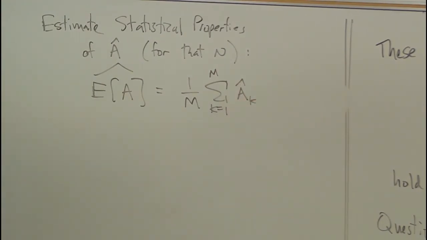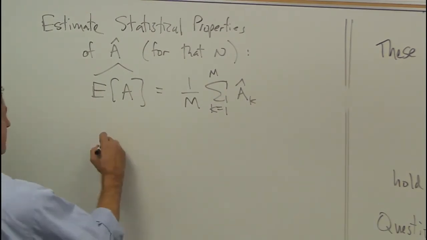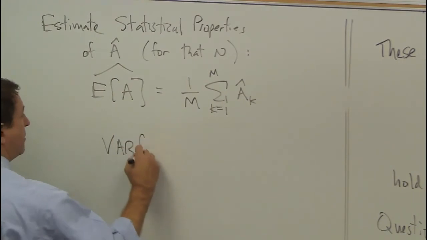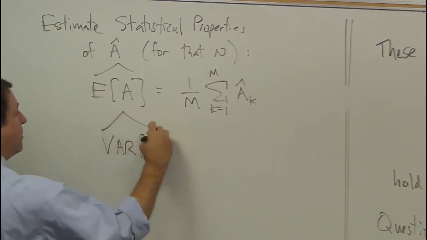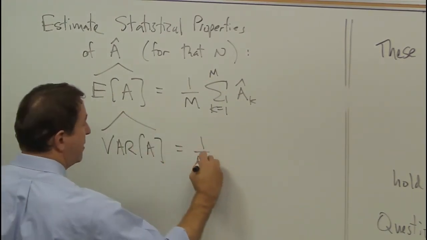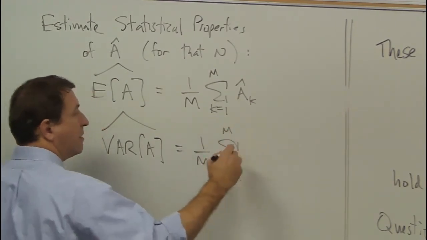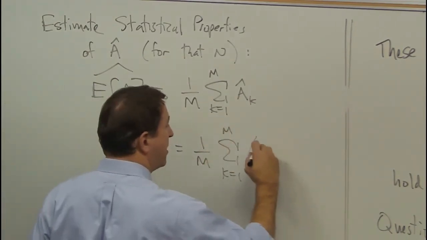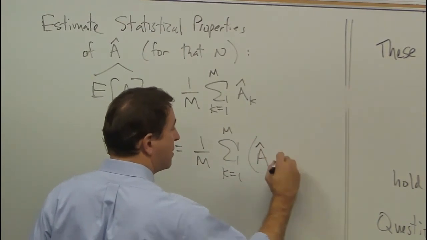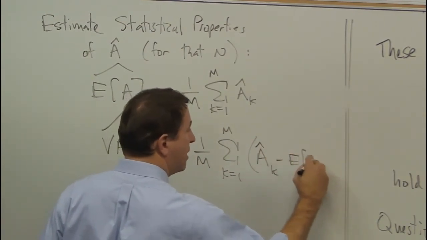Right, just take the sample mean. We can estimate the variance by taking the average of the squared difference between the estimates and the sample mean.